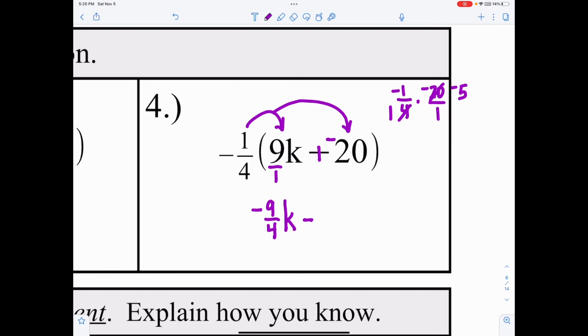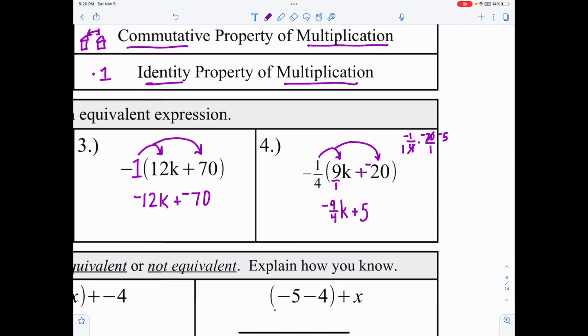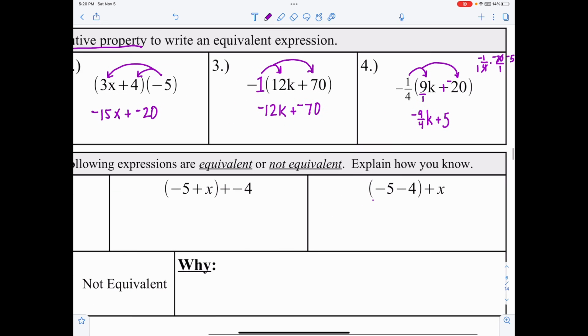And now I have the -1 times the -5 is 5, and the 1 times 1 is 1. So we end up with plus 5 at the end. Okay, all right, so you can see how you have to be really careful with this.